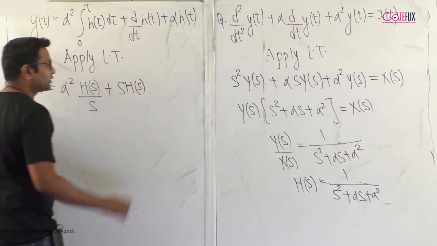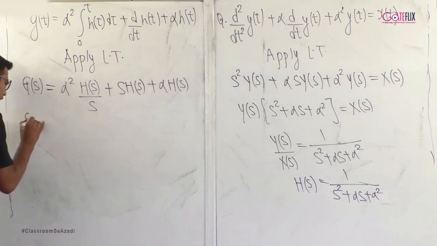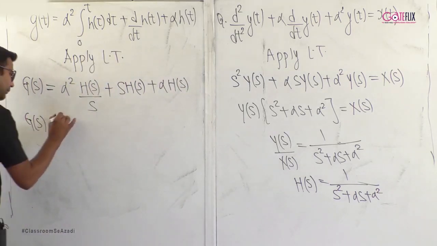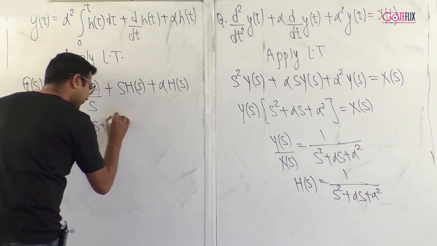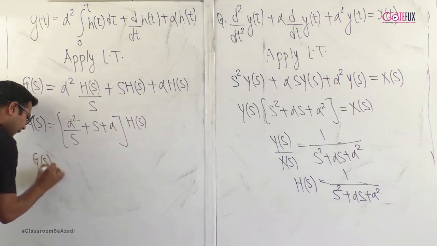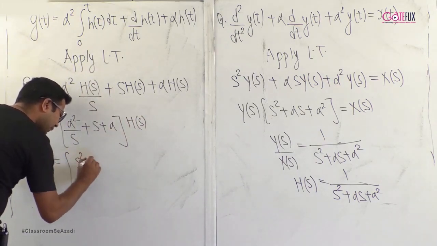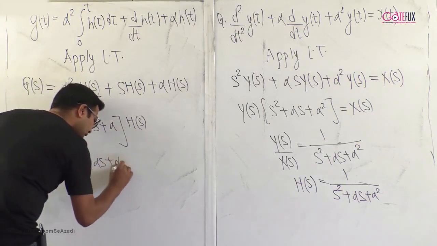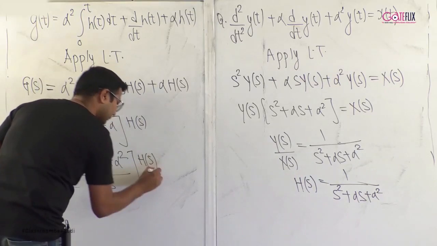So it will become s into H(s) plus alpha H(s). Therefore, G(s) comes out to be α²/s plus s plus α into capital H(s). So if you simplify, this is (s² + αs + α²) divided by s multiplied by H(s).